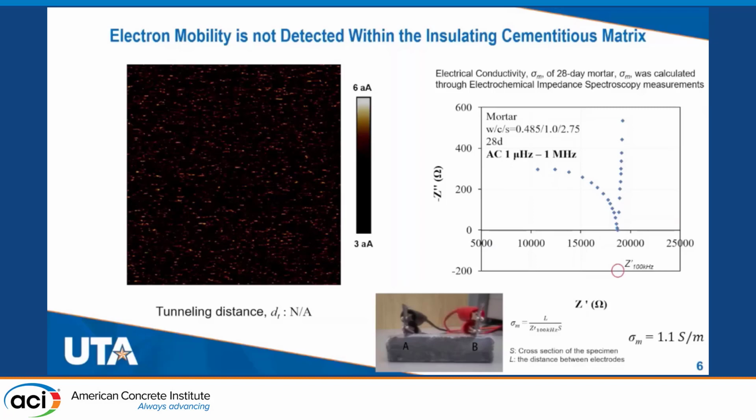We just have a black background with some white spots, probably due to the porosity of the material. We also see a very low range, from 3 to 6 attoampere. That means that the material is an insulator. It's not a conductive material.